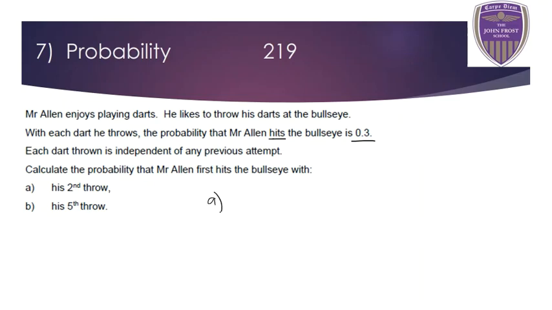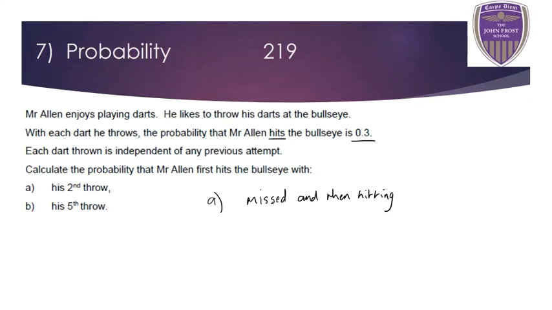So for part A, if we're being asked that he hits the bullseye for the first time on the second throw, what happened on the first throw? Well, he missed it. So we need to consider him missing the bullseye and then hitting it. So that's the situation that we've got. We know the probability that he hits the bullseye is 0.3.